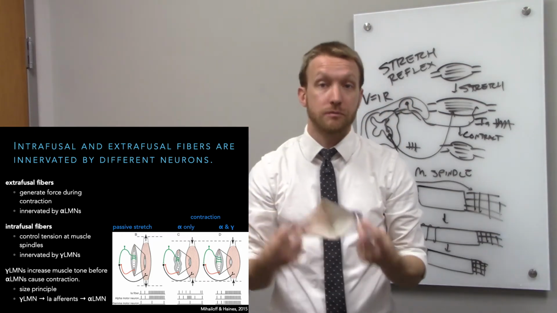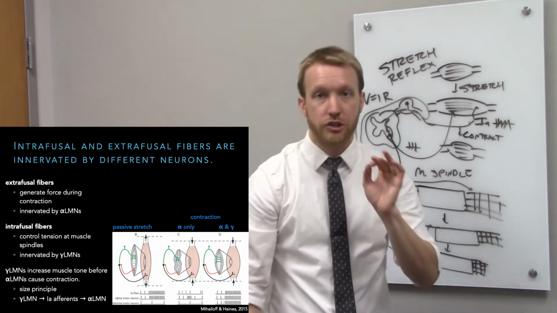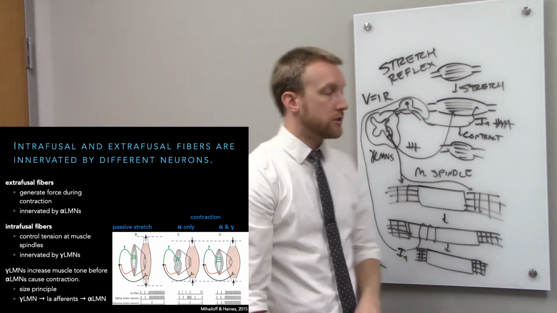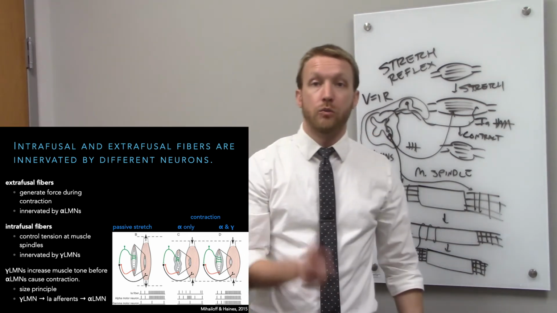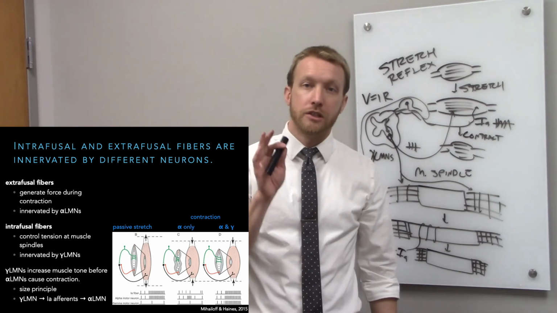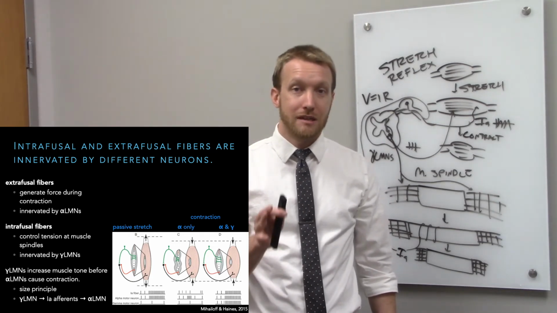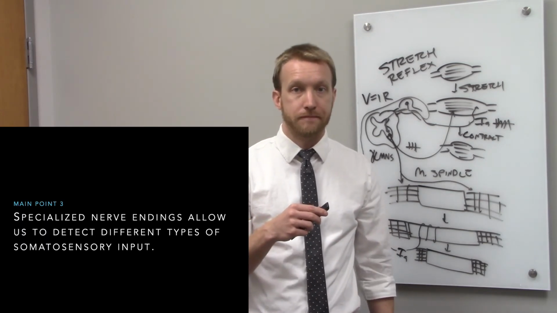So as far as the spindle is concerned, nothing has happened. We haven't actually changed muscle length. So as long as these two neurons are acting together, the alpha and the gamma, we can have a change in muscle length. If they're not acting together, then the change in muscle length is determined to be an error, and the stretch reflex helps offset it.